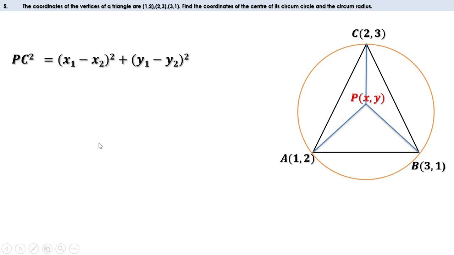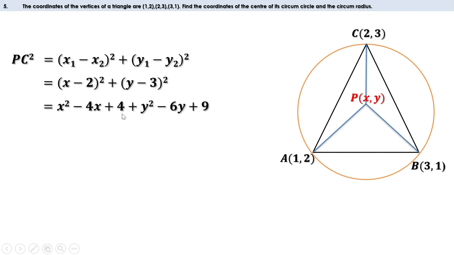So this can be written as (x minus 2) whole square plus (y minus 3) whole square. (x minus 2) whole square is x square minus 2 into x into 2 plus 2 square, or x square minus 4x plus 4. (y minus 3) whole square is y square minus 2 into y into 3 plus 3 square, or y square minus 6y plus 9. 4 plus 9 is 13. So this can be written as x square minus 4x plus y square minus 6y plus 13.